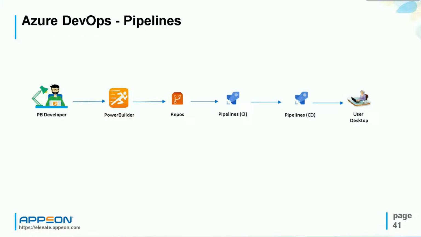Typically, when you make a change to the repository, it automatically kicks off the build, which is your CI. It builds your exe and your PBDs, and then the next step is to have the pipeline do the CD, which is the delivery, and that pushes your objects, your exes, your PBDs, and the PowerBuilder runtime to the user.